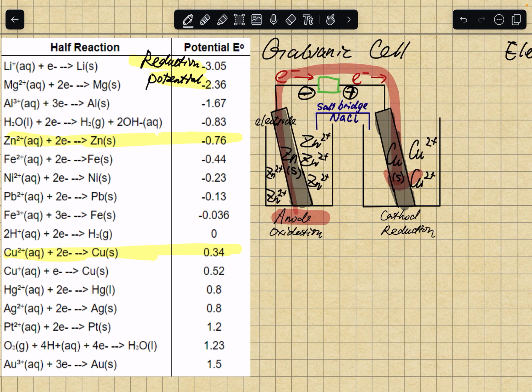Let's look at the cathode side first. The cathode side is where the reduction reaction happens, meaning copper 2 plus gains electrons and forms solid copper.